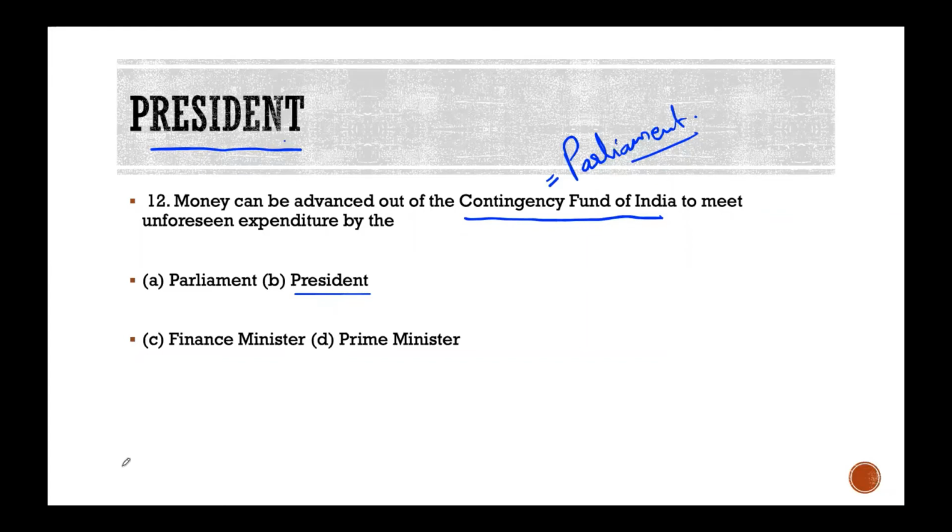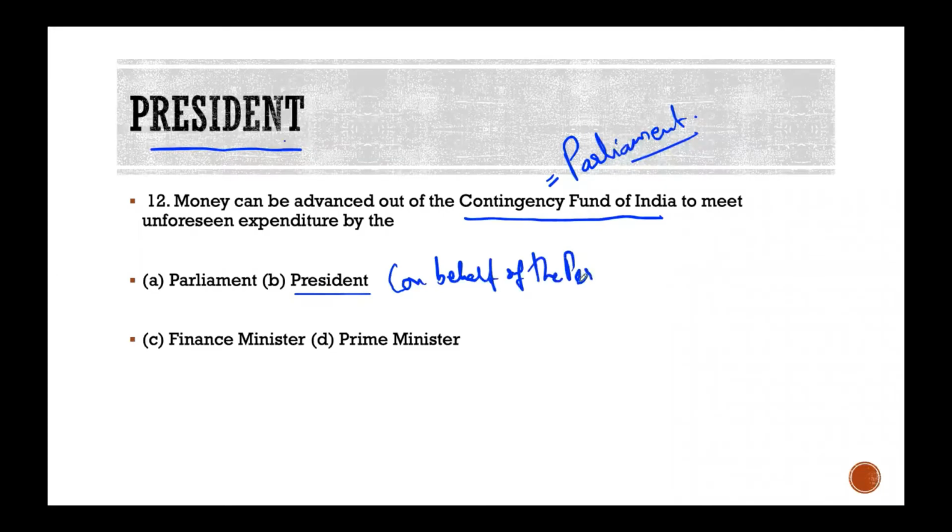The Contingency Fund is actually held on behalf of the president by somebody else. The president doesn't generally manage it by himself. It is held on behalf of the president by the secretary.